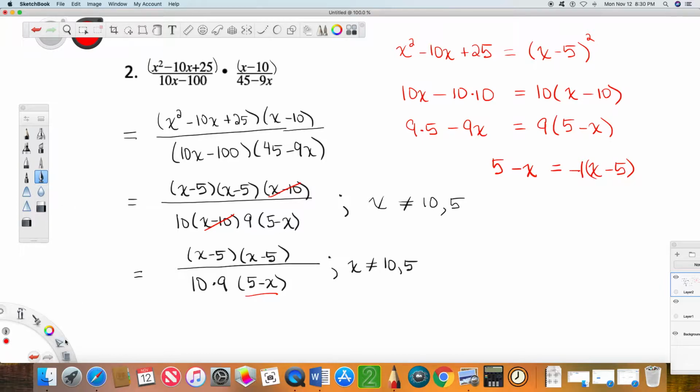Well, why would I do that? Well, let's come back over here. I've got x minus 5 times x minus 5. I have 10 times 9 times, and this 5 minus x, I'm going to rewrite it as negative 1 times x minus 5.